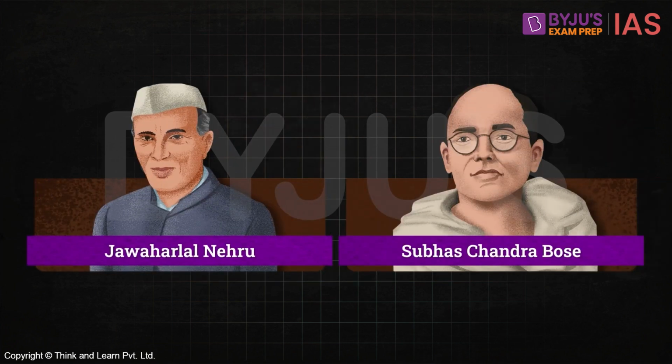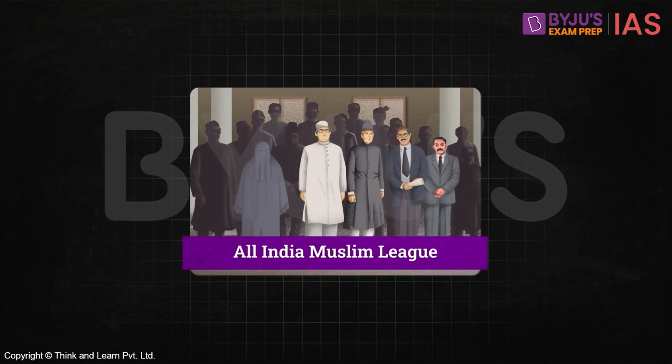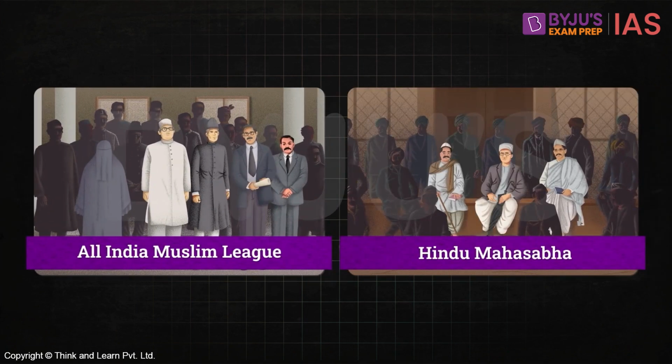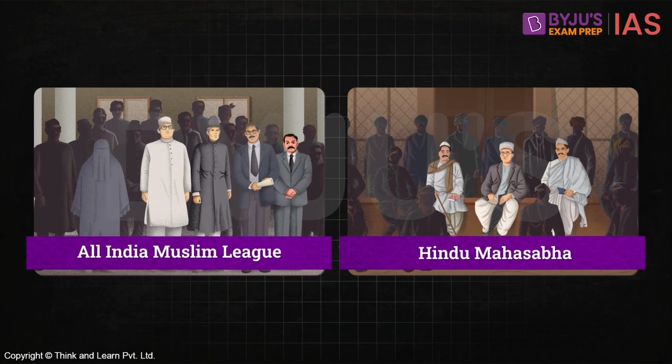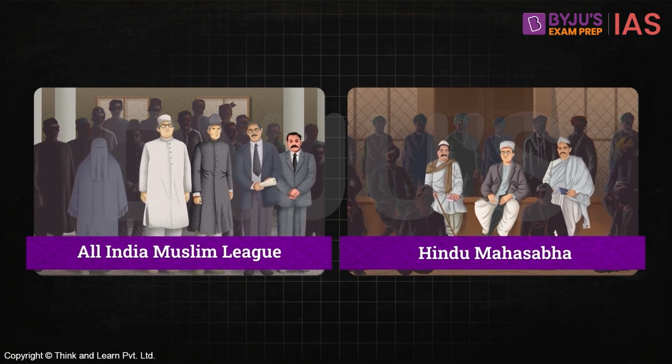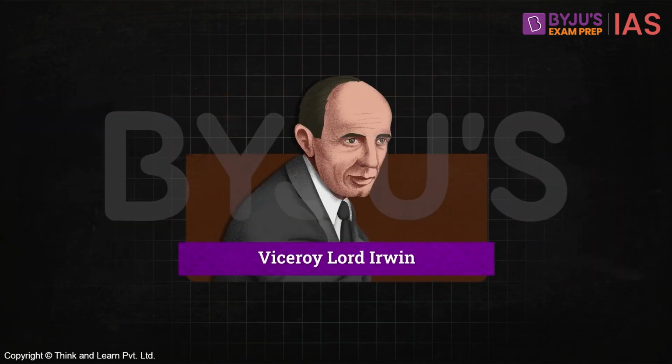They wanted to demand Poorna Swaraj, while the Muslim League, Hindu Mahasabha and Sikh communalists disapproved this particular report on different grounds. But Viceroy Lord Irwin disregarded their demands.